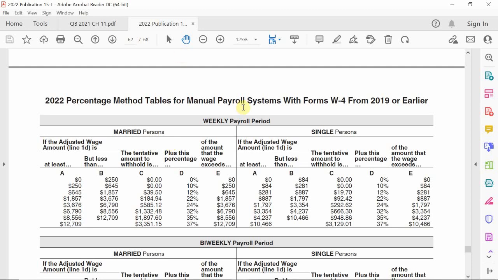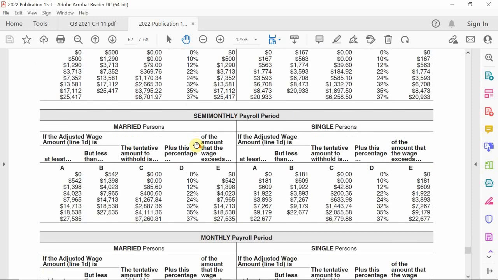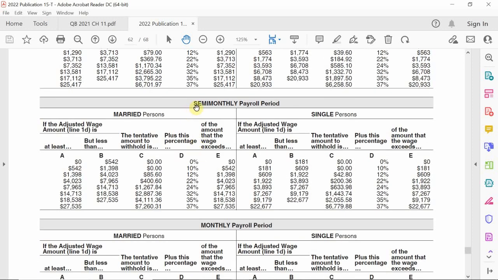Since we're going to pay her twice a month, that means we need to be in the semi-monthly table. So we got weekly, we got bi-weekly, and now we are on semi-monthly. Okay, so that means she gets 2 paychecks per month. Now, you need to follow through: which table does she belong to? Does she belong to the married table or the single table?